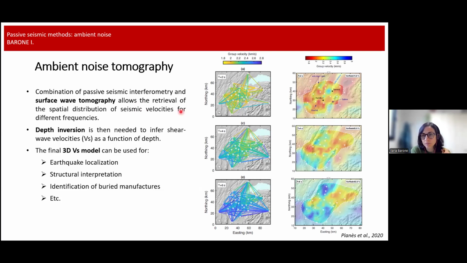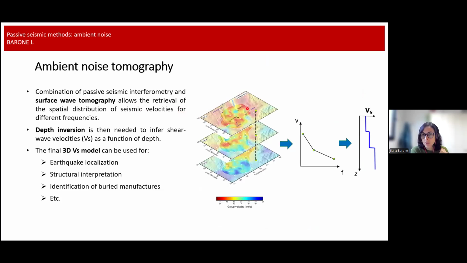And then, since you have several maps or several frequencies, what you can do is, for each single location in the map, you can extract the phase or group velocity values and reconstruct a dispersion curve, a local dispersion curve. And then through a process that is called depth inversion, you get the shear wave velocity profile as a function of depth.